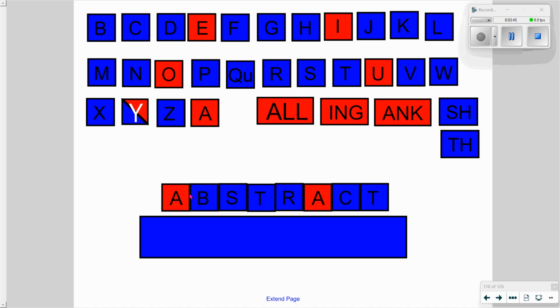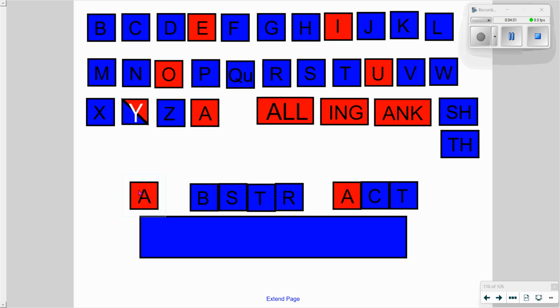Okay, same thing. I look and see, is it a compound word? Do I see 2 smaller words in here? I see act over here, but I don't see any other words, so it's not a compound word. So I'm going to pull my vowels apart. I'm going to see how many letters in between, 1, 2, 3, 4. And so I'm going to do a 1-3 split.